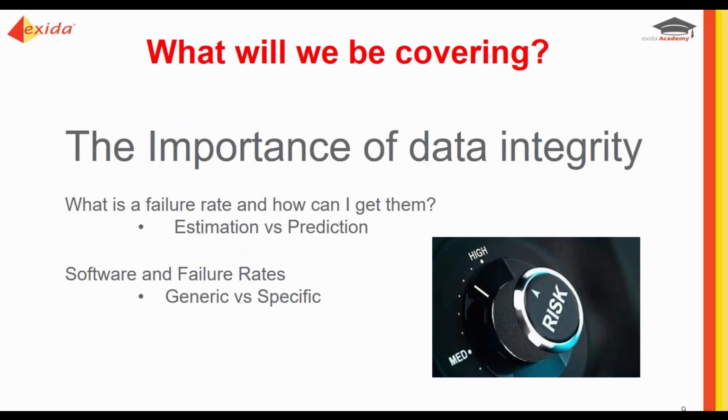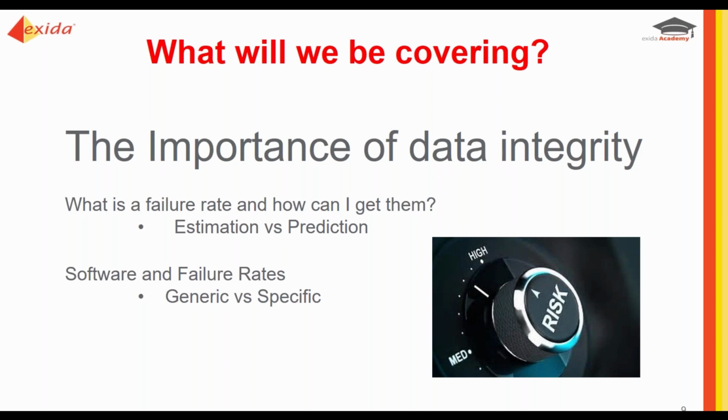So what we're going to be covering today, throughout the entire webinar, we're really going to be concentrating on failure rates. We're going to talk about what a failure rate is, how you can get them, the different methods of achieving failure rates, and just like everything in life, there are pros and cons to all of these methods. We're going to investigate the two primary methods of estimation and prediction today.